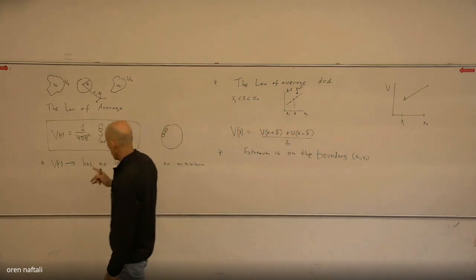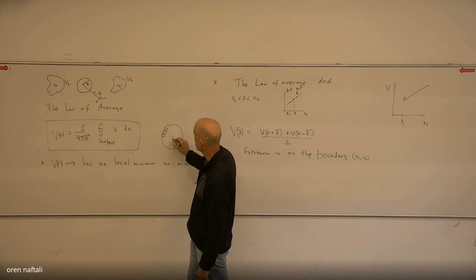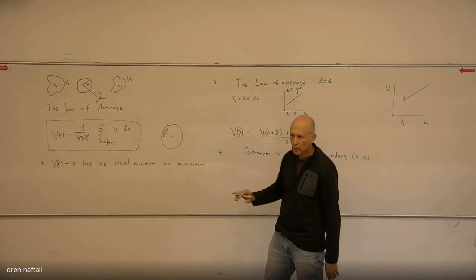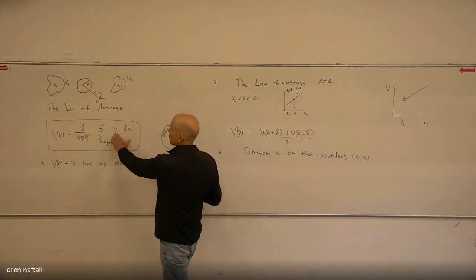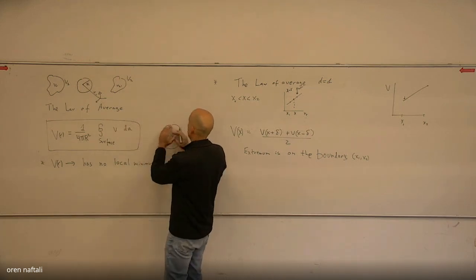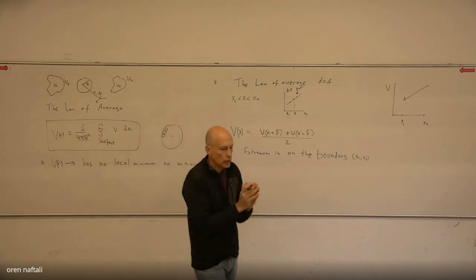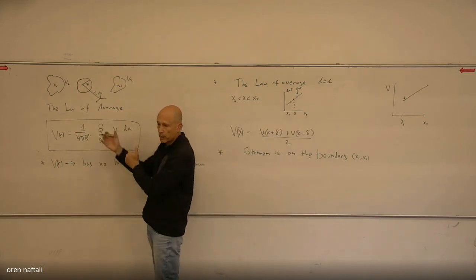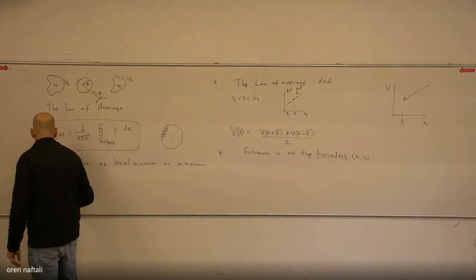Let's say this is the point where the potential is a minimum in the middle. Then obviously the integral, because the values of V on the sphere are larger by definition, since the potential is minimal here. We can also make the sphere as small as we wish. If they are larger than that minimum, the integral has to be bigger, because this dA will cancel out with this one.